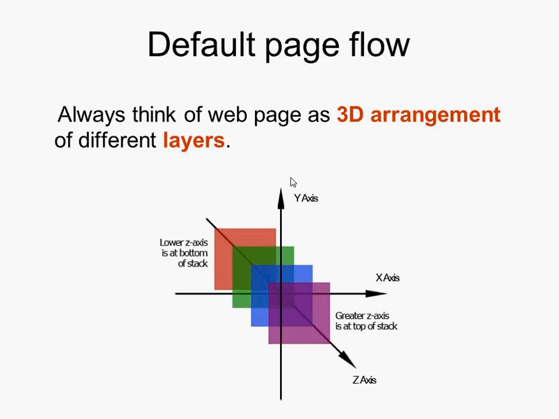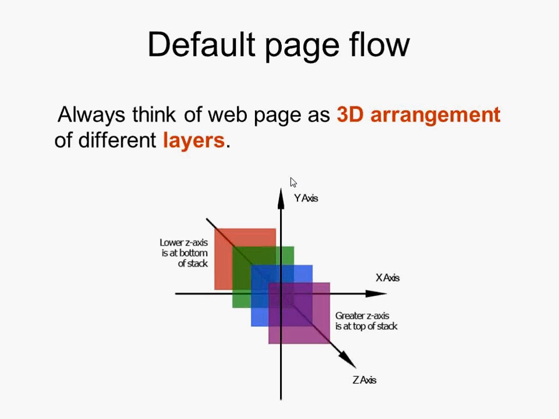It is like the Z axis only, positive towards you because you are looking at the monitor. The more closer to you, the more it will come on top. So any page you should consider as 3D only. Exactly.